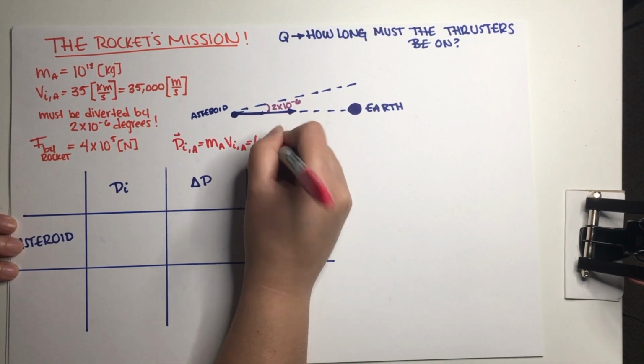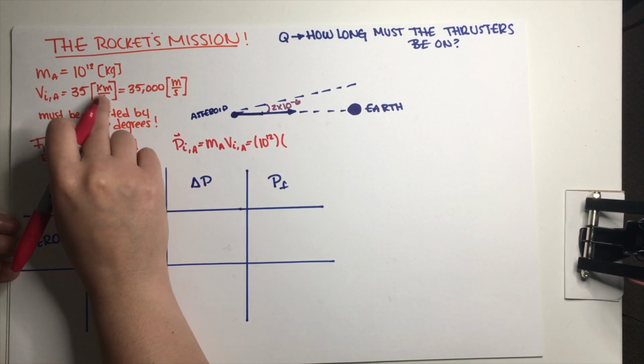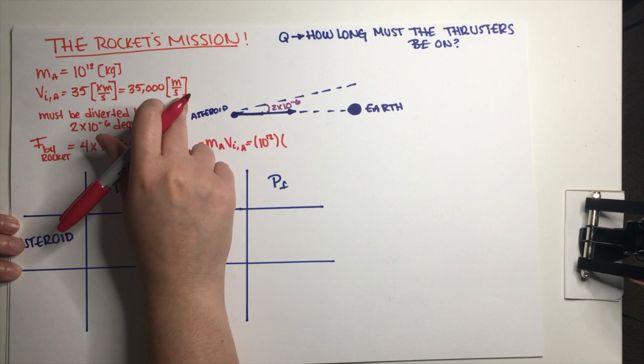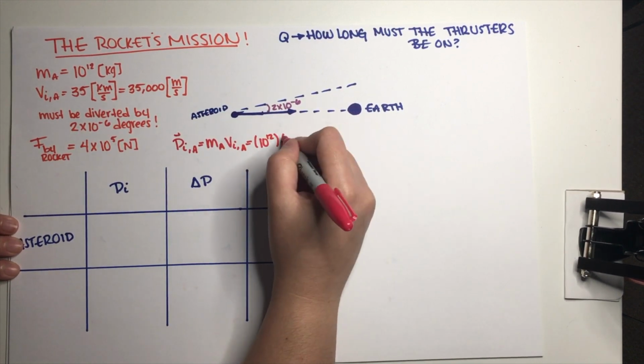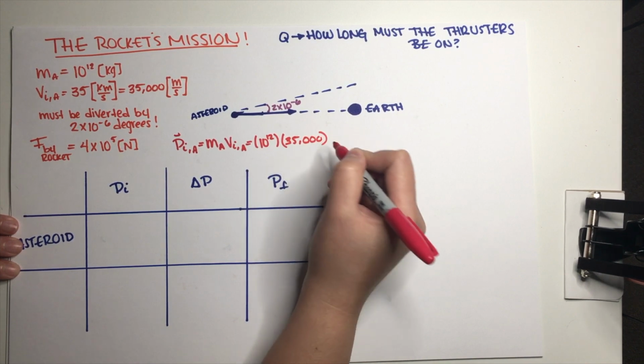So this is 10 to the 12 times... Please notice that the problem gave us the velocity of the asteroid in kilometers per second, and I decided to convert that into meters per second, just because otherwise I would totally forget about it, and we do need SI units.